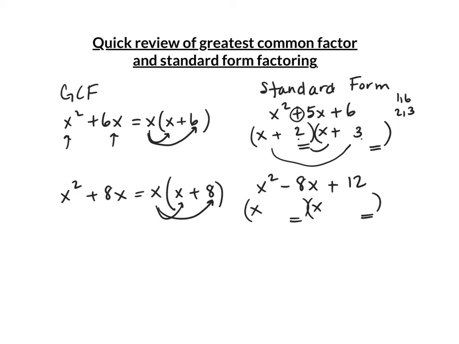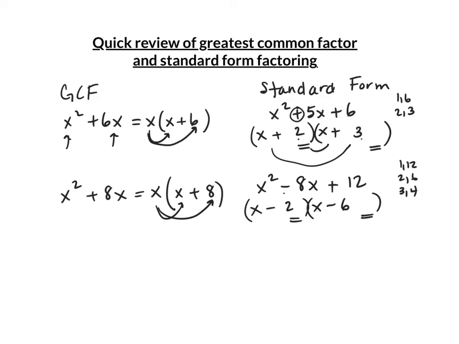So those two numbers multiply to positive 12. It's either two positives or two negatives. Since the middle's a minus, it's got to be the two negatives. I need factors of 12, and they have to add to 8. Well, factors of 12 are 1 and 12, 2 and 6, and 3 and 4. And the two that add to 8 are 2 and 6.